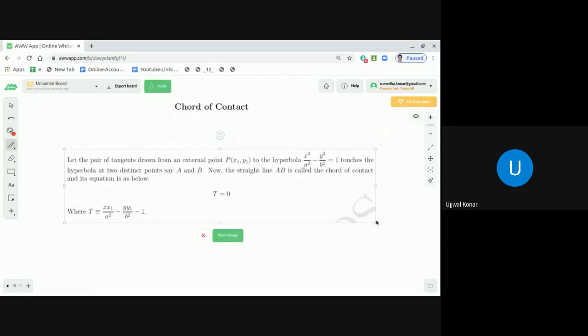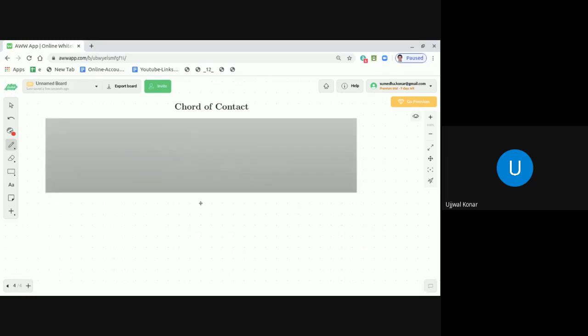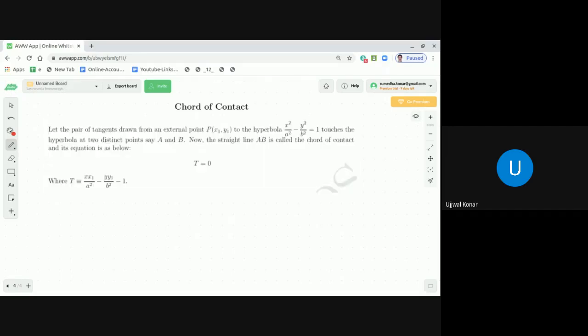Let the pair of tangents drawn from an external point P(x1, y1) to the hyperbola x square by a square minus y square by b square equal to 1 touch the hyperbola at two distinct points, say A and B. Now the straight line AB is called the chord of contact, and its equation is T equal to 0.